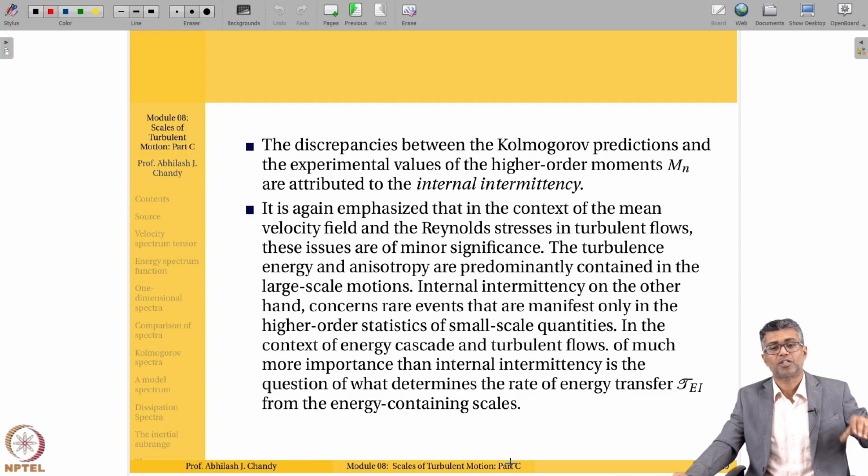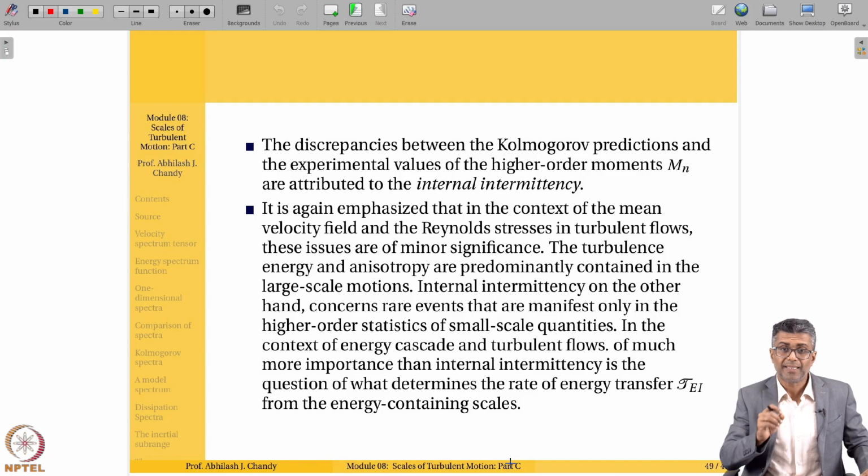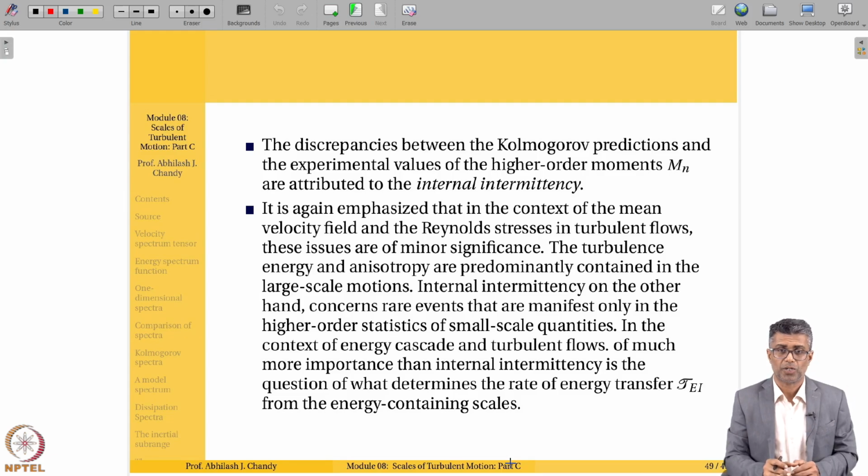So in the context of this energy cascade and turbulent flows, of more importance than the internal intermittency is the question of what determines the energy cascade from the energy containing scales. But that said, it is important to be aware of what the limitations are.